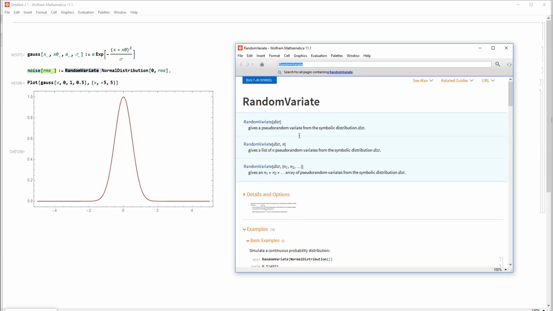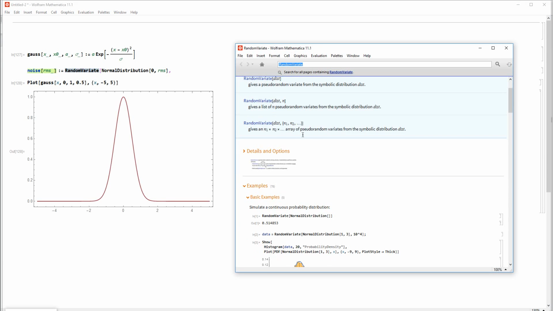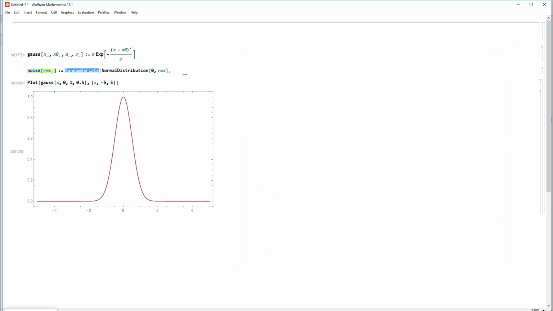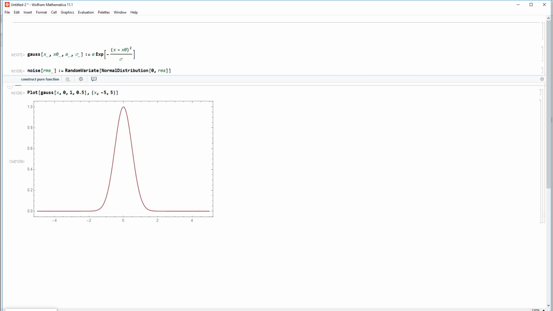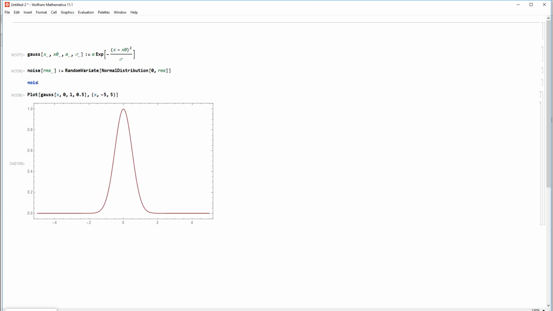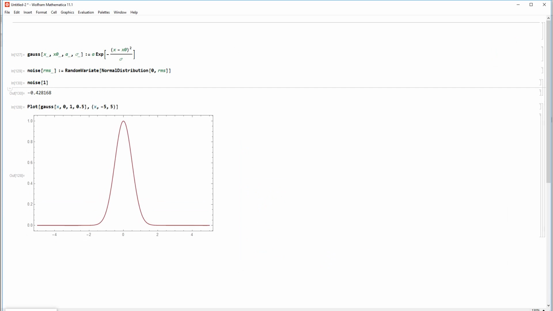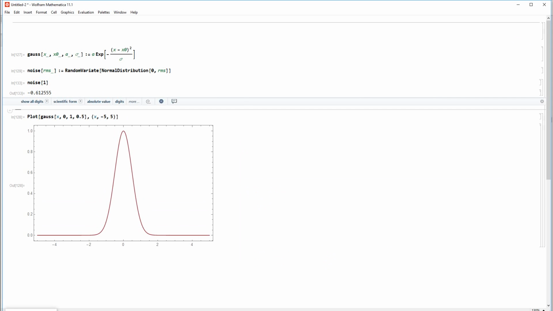So noise here is a function. If I provide it with a noise level, let's say 1, then every time I run the function it creates a random number that's distributed according to a standard normal distribution. We will learn later what this means in detail.